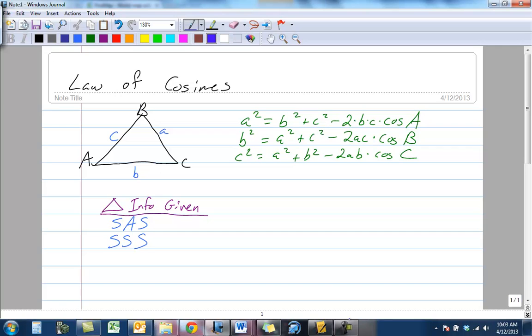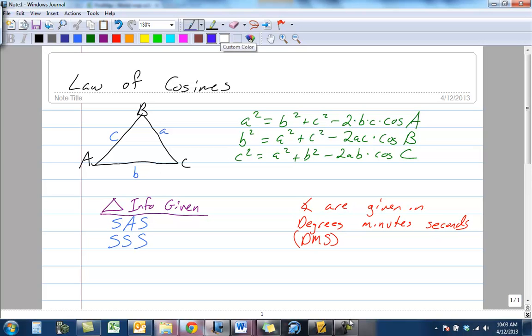Now, another note that we need to make here is that angles are given in degrees, minutes, and seconds, also called DMS. What are you talking about, Smith? Here's the thing.